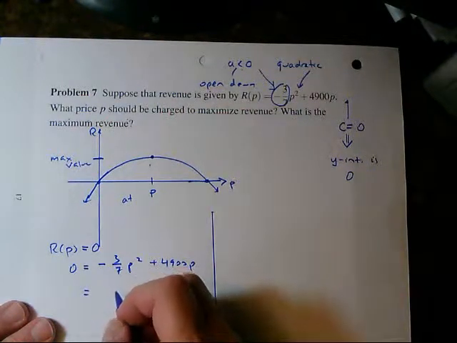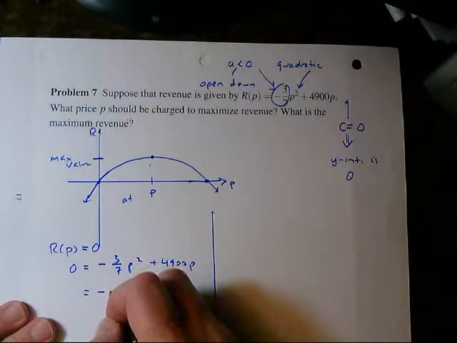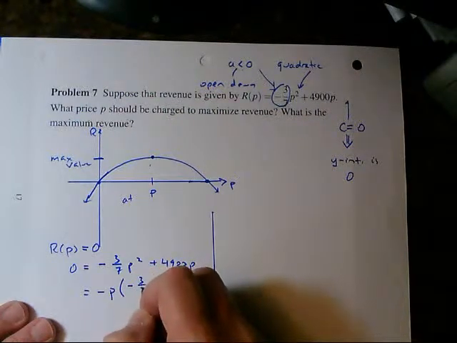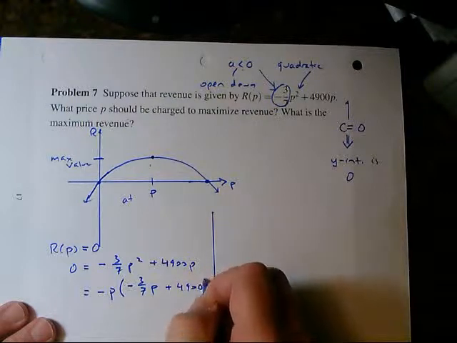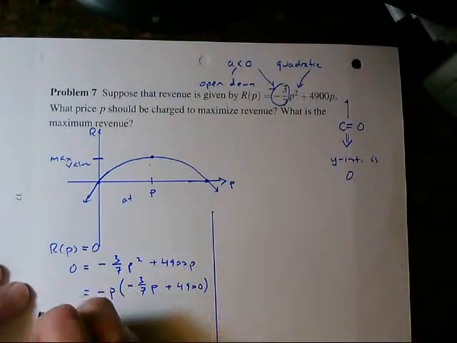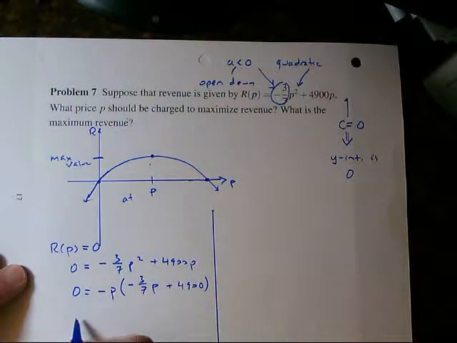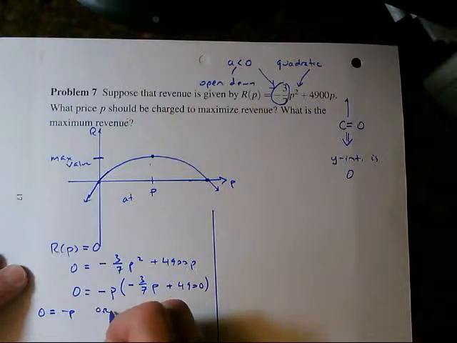And I would factor. I might be able to factor out at least a p, and probably pull out a negative p. Then I get negative p times (3/7 p minus 4900)... that is, p times (negative 3/7 p plus 4900).